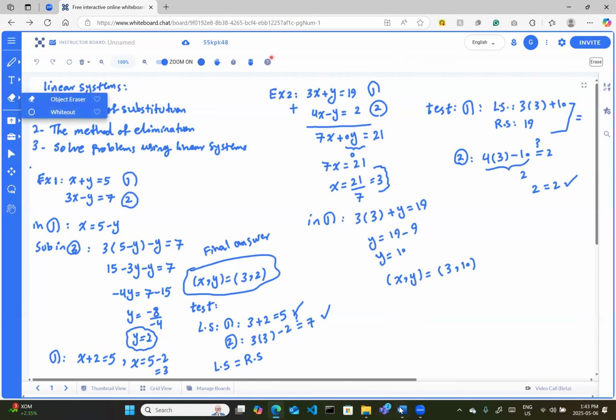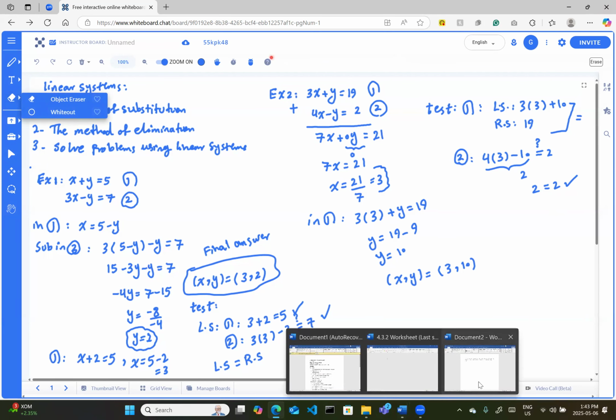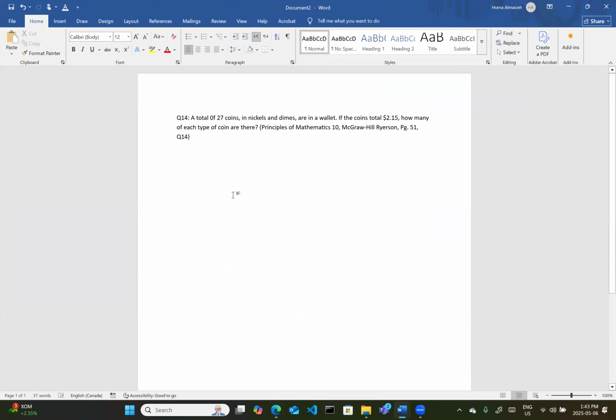Now we have another example that we chose from the Principles of Mathematics 10 textbook, McGraw-Hill Ryerson, page 51, question number 14.